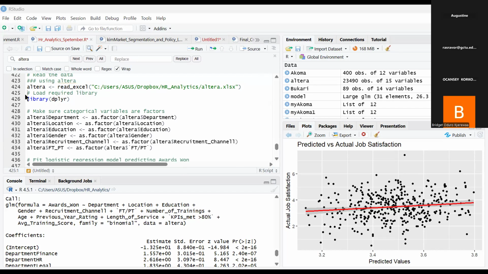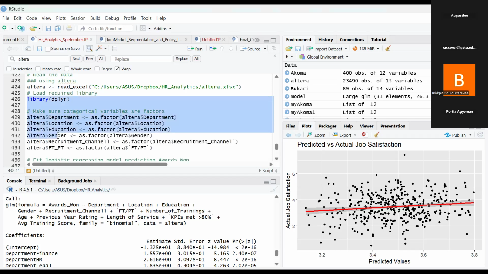The next thing is for you to load the library required, and the library required is called dplyr. So I'm going to copy this for you so that we can move a bit faster. Let me put it in the chat, and then off you go.